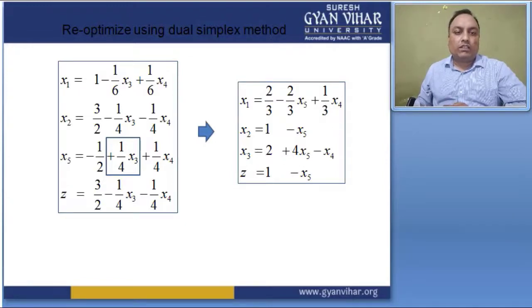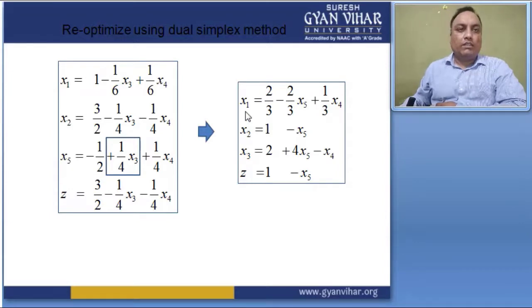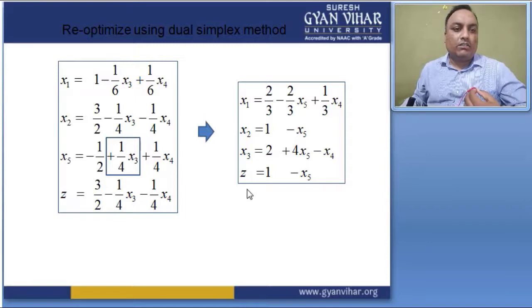Then x2, replacing the 1/4 x3 value, gives x1 equal to 2/3 minus 2/3 x5 plus 1/3 x4, then x2 equal to 1 minus x5, and x3 equal to 2 plus 4 x5 minus x4, and then z is equal to 1 minus x5 for this case.